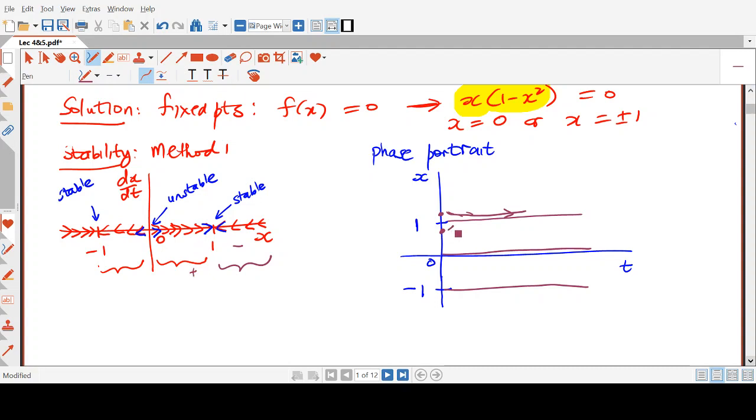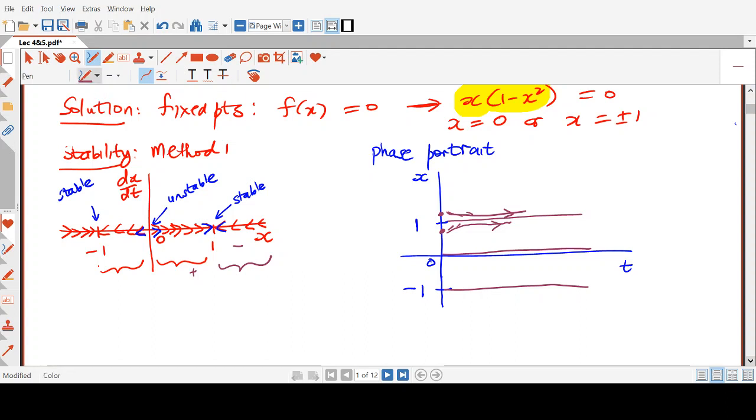Positive means the slopes are like that. Take the small dashes I'm making. I'm drawing them at an angle of a positive slope. That indicates that this thing is going to go like that. So you can see why at 1 it's stable, because both flows are going towards the fixed point. It's converging on the fixed point. If you disturb it slightly, to the left or to the right, the thing will shake itself back and come back to 1. So it's stable at 1. Okay?